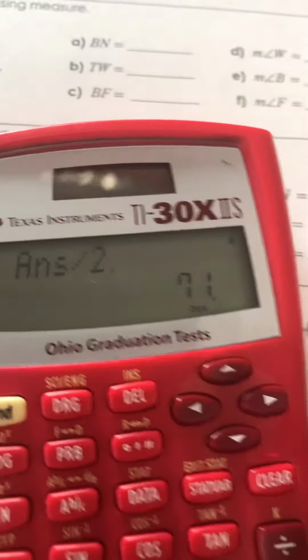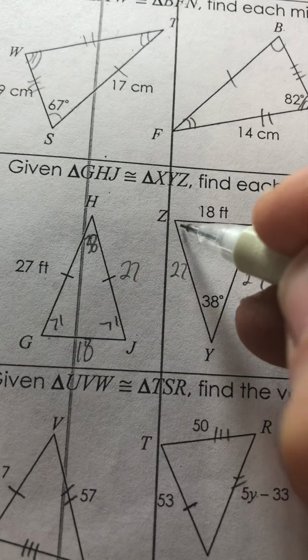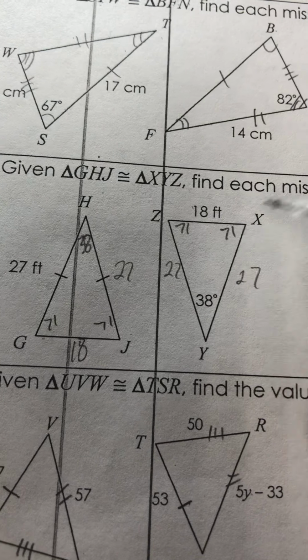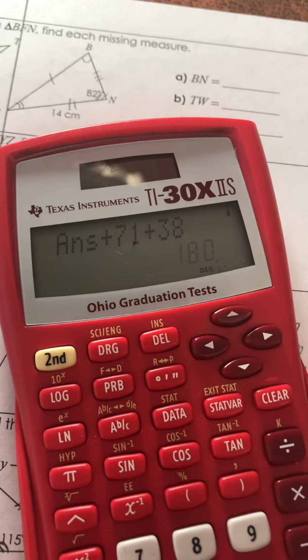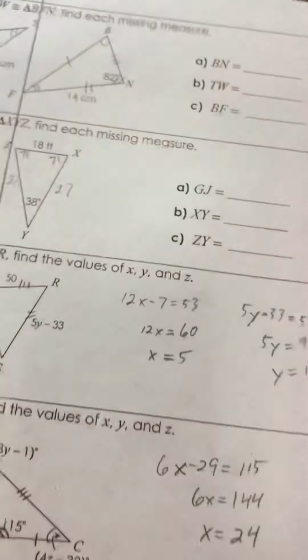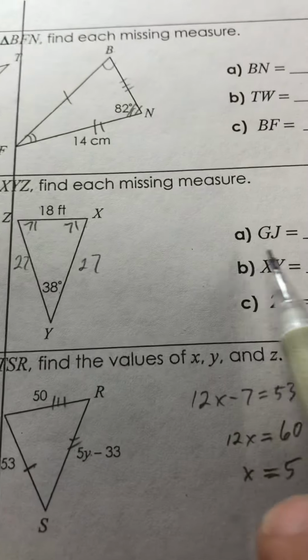So 71 and 71. Because 71 plus 71 plus 38 equals 180.